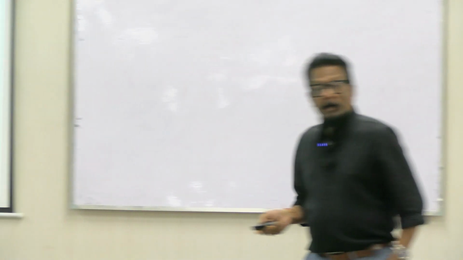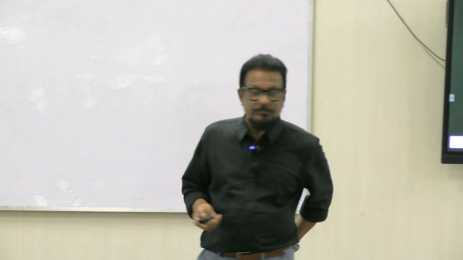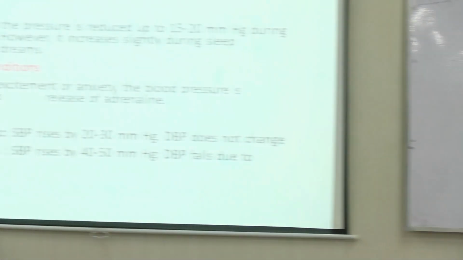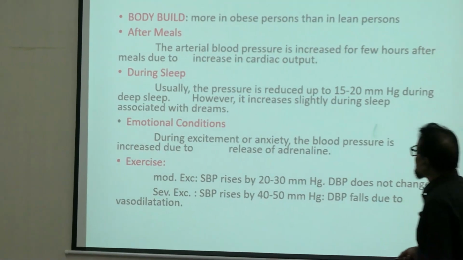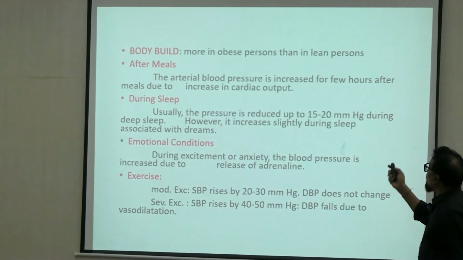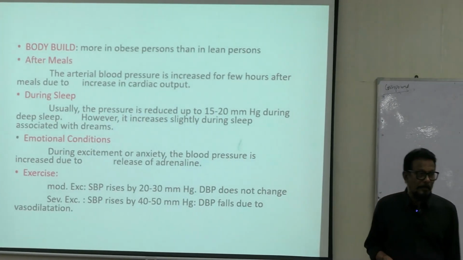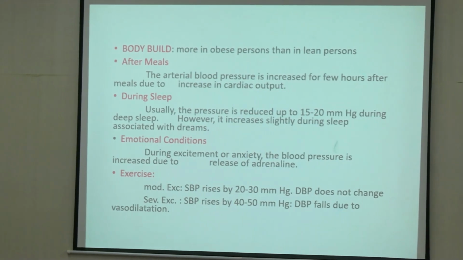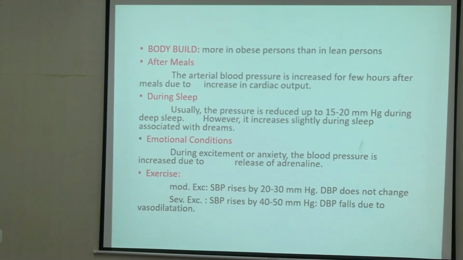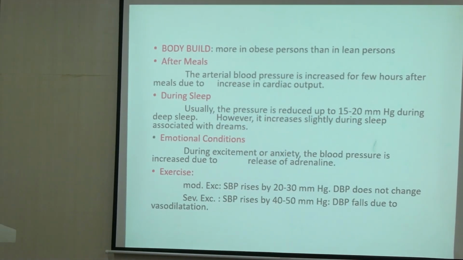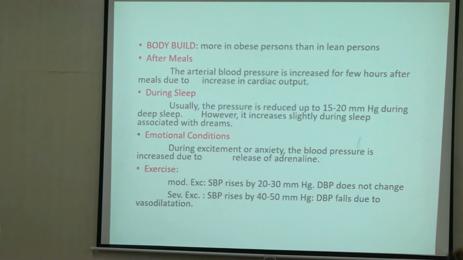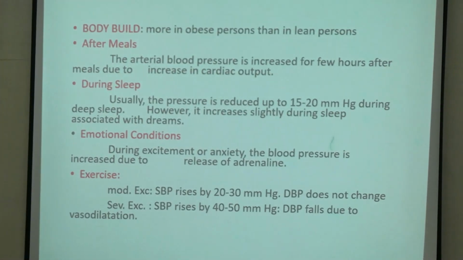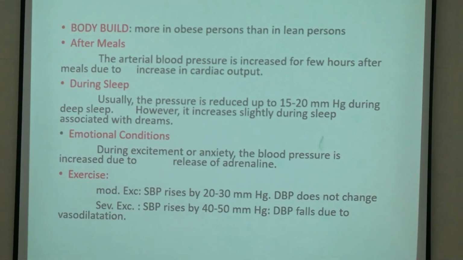Other than posture, there are other conditions in which blood pressure will vary. What are these? Body build: the more obese the person, the higher the blood pressure. After a meal, blood pressure usually increases. During sleep, blood pressure is low, and in emotional conditions, it is high. During exercise, blood pressure also increases.